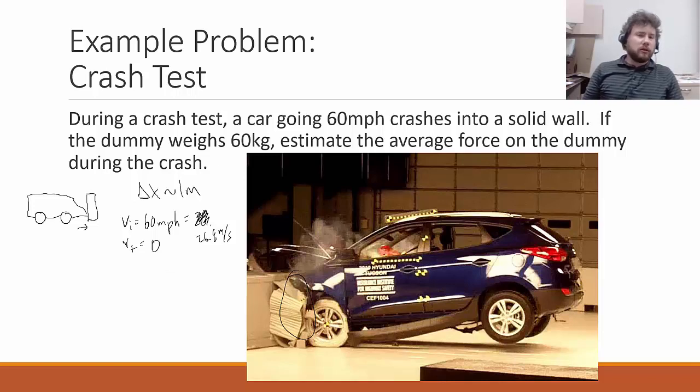And what I'm going to do is approximate this as a constant force from whatever it's hitting onto the car. The constant force will mean that you have a constant acceleration.